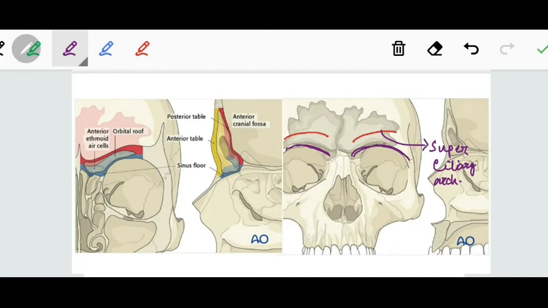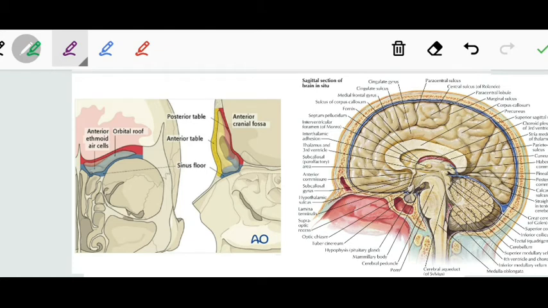In other words, frontal sinuses are present deep to the superciliary arch. The posterior wall of the frontal sinus is related to the frontal lobe of the brain. That is important. Regarding the posterior wall, which is this one in the sagittal section, that is related to the frontal lobe of the brain.